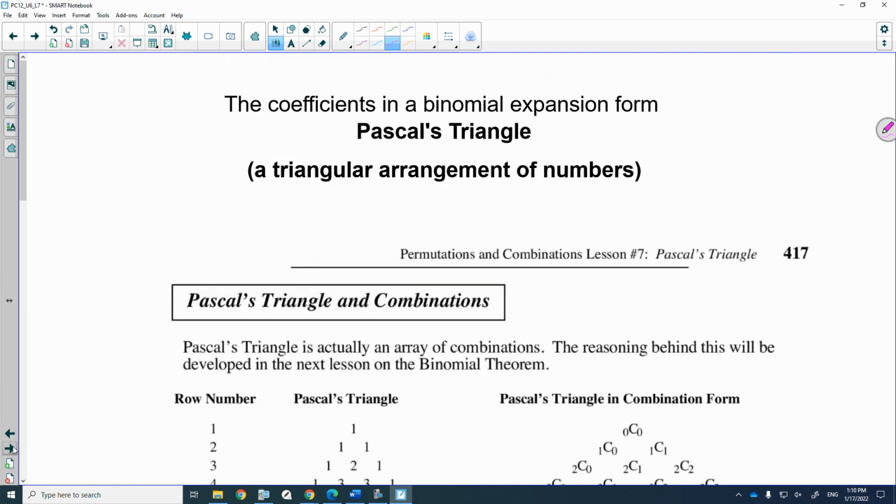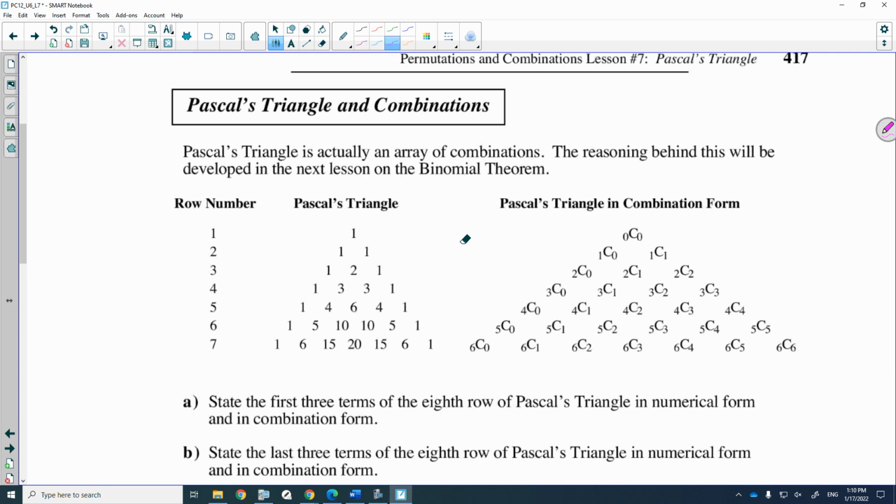Okay, flip your page. What you're going to see is that Pascal's triangle, so these coefficients, can actually be written as combinations. So first of all, you have to know, when we expand binomials, are these questions permutations or combinations? It is going to be a combination, and I'll show you why.